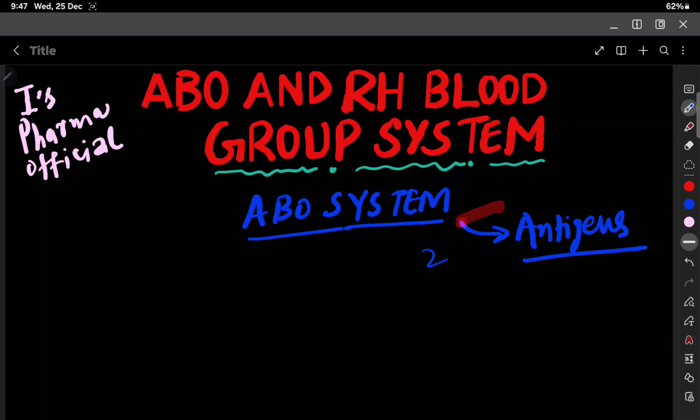These antigens are inherited antigenic substances which are present on the surface of the red blood cells. RBCs are important here because both types of blood groups are related to red blood cells.